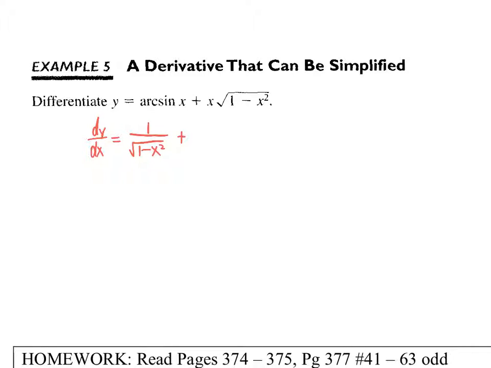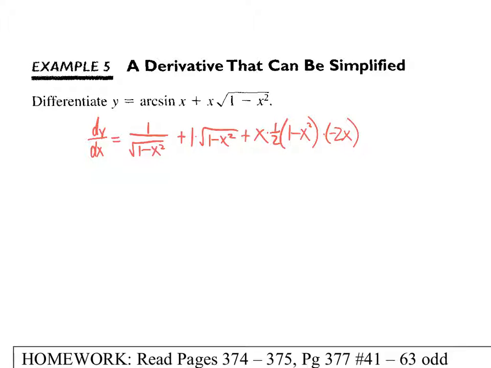And then how are we going to find the derivative of the second half of this thing? Product rule. Yeah, product rule. So 1 times the square root of 1 minus x squared plus x times, what's the derivative of the square root of 1 minus x squared? 1 over 2 times 1 minus x squared, to the, good, times negative 2x.